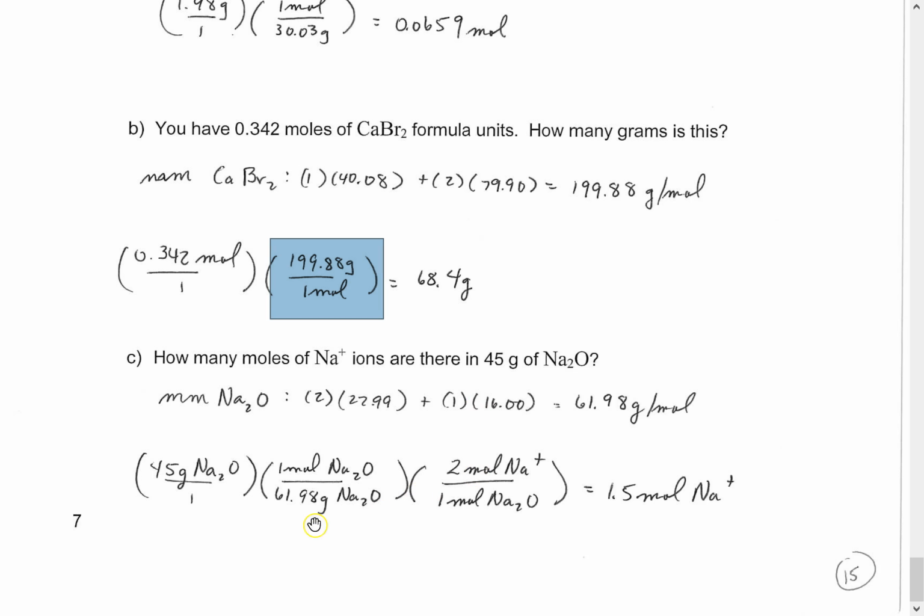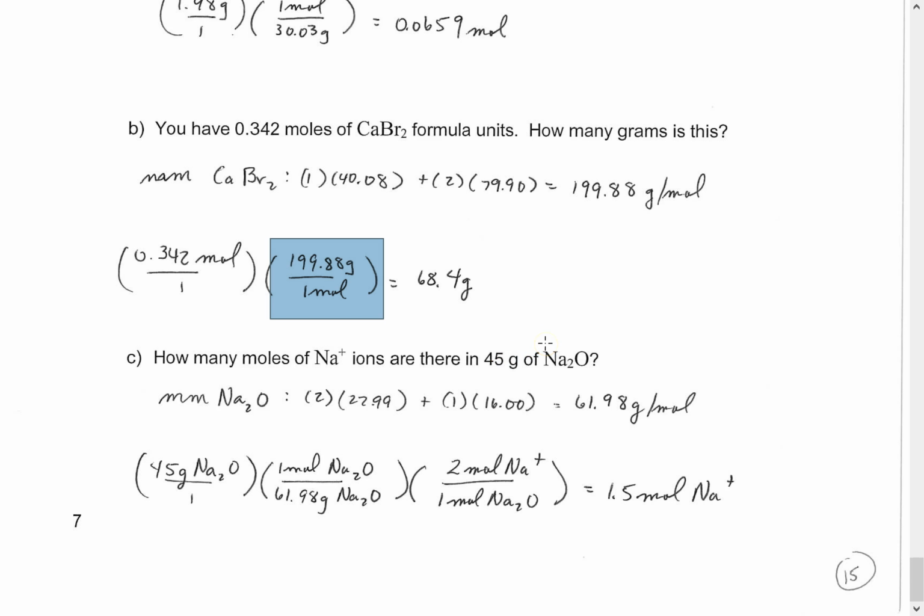So now the last problem of the question. How many moles of sodium ions, Na+ ions, are there in 45 grams of Na2O? Now, the way I work this, you'll see, is I went and took the mass of the compound to get to the moles of the compound.